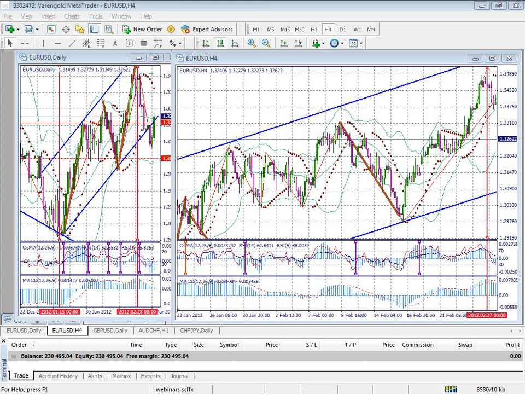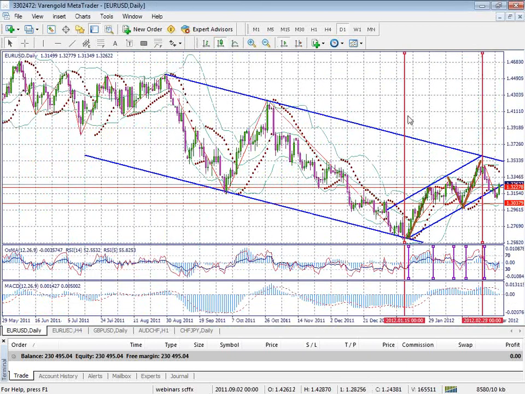How strong are the trend lines? They are quite strong. If you can see in this point on the daily chart, the pair respected that line.